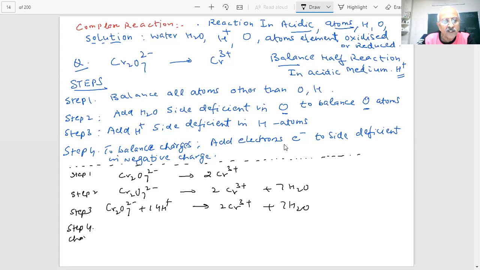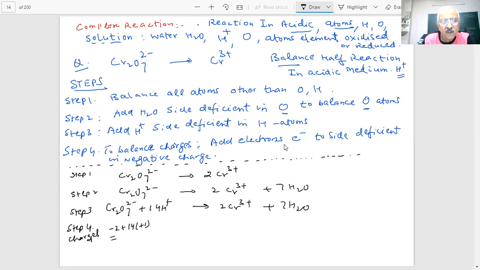Let us see the charges story, students. How many charges are there on the left hand side? On the left hand side there is minus 2 and plus 1. Where is plus 1? This is 14 plus, 14 into plus 1. How much?